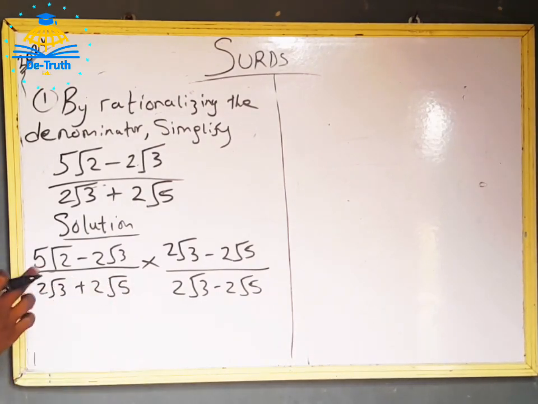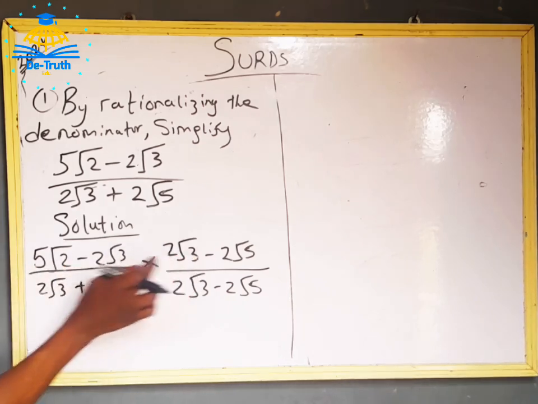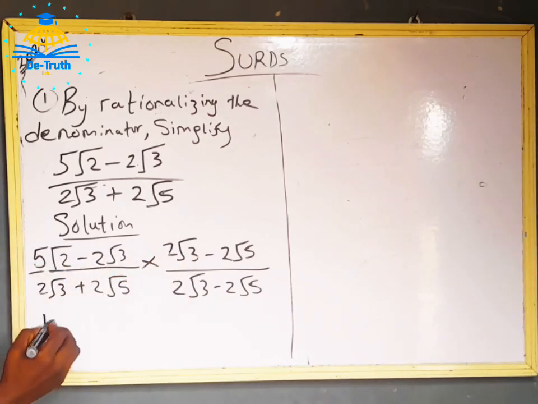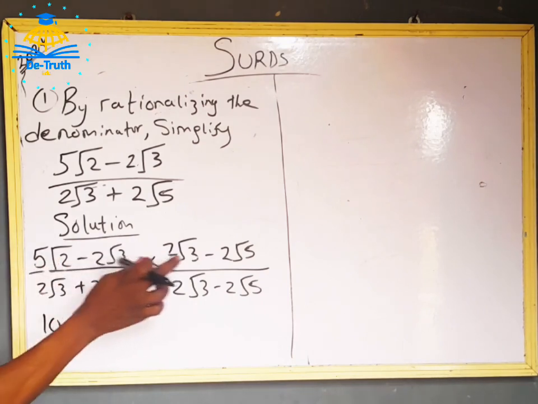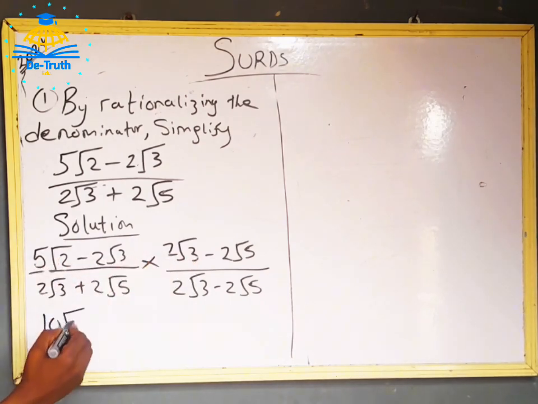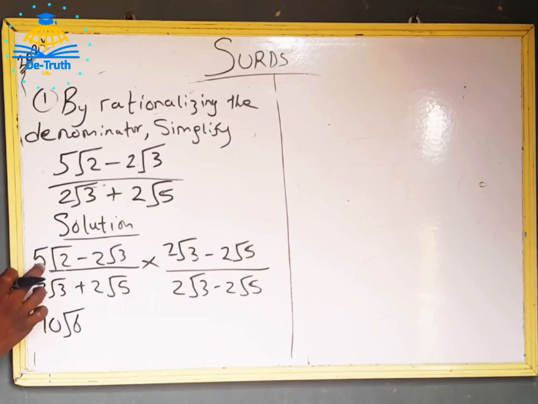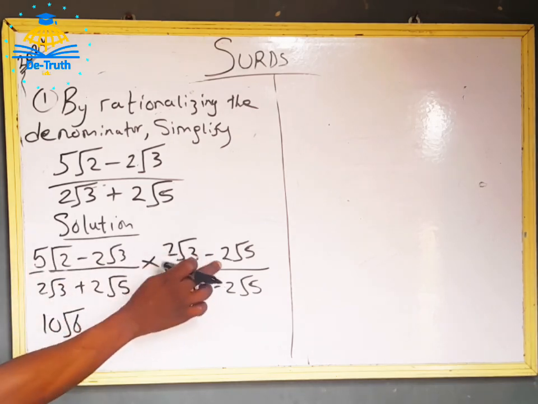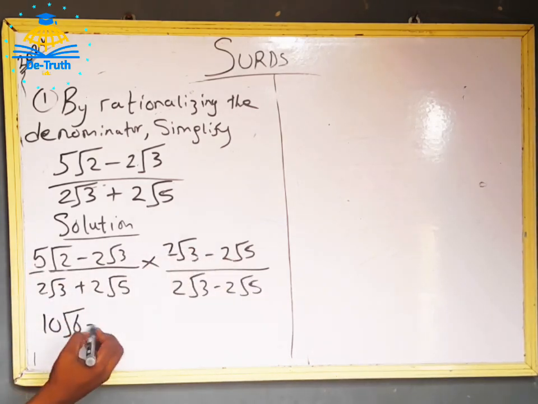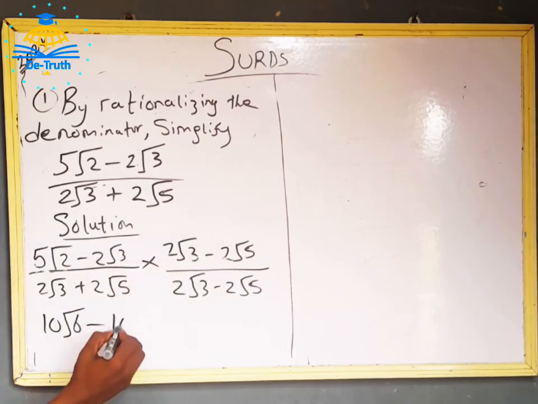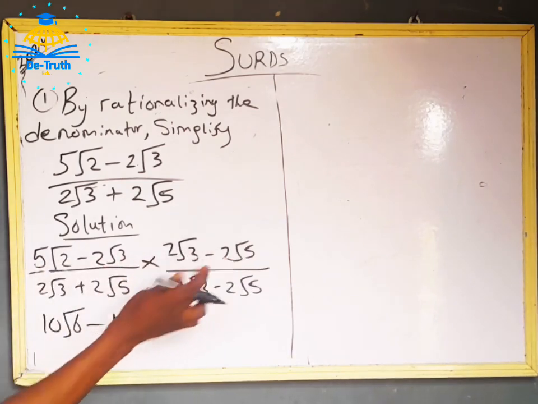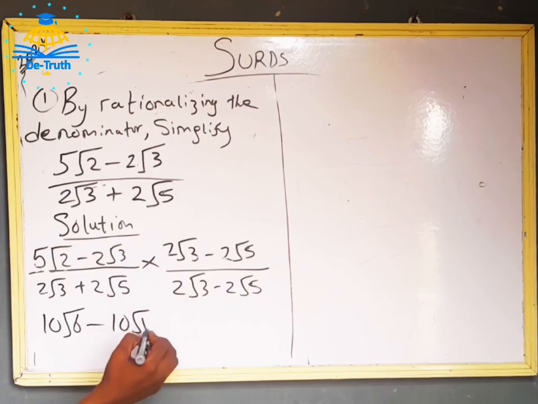So now we just expand. 5 root 2 times 2 root 3, that is 5 times 2, which gives us 10, then root 2 times root 3, that is root 6. Then 5 root 2 times minus 2 root 5, that is minus 5 times 2, 10, root 2 times root 5, that is root 10.